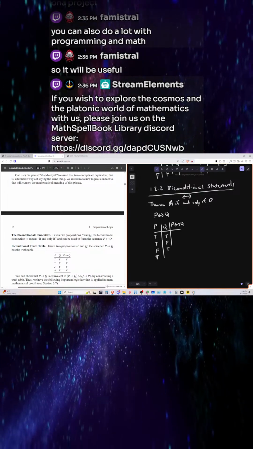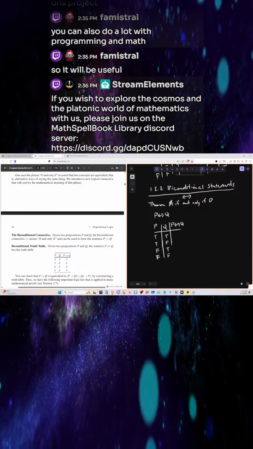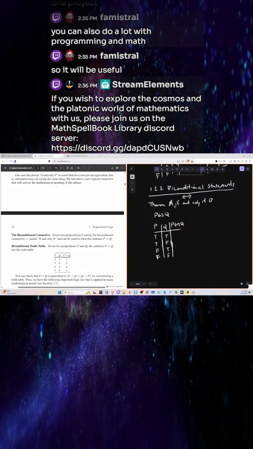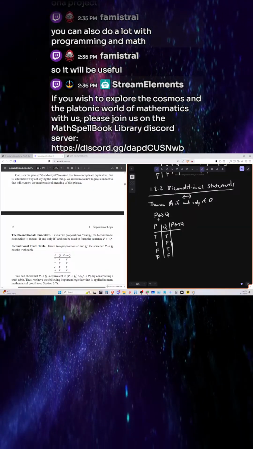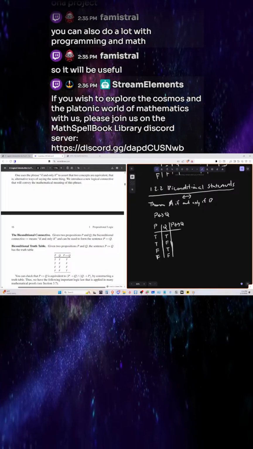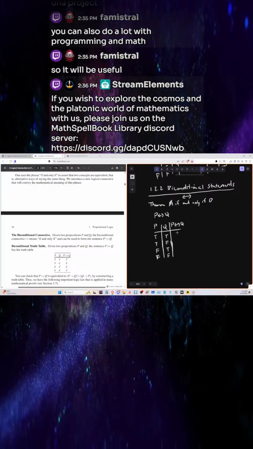Now let's see if we can figure this out on our own first. So P if and only if Q. If these both are true, then that means this is true.